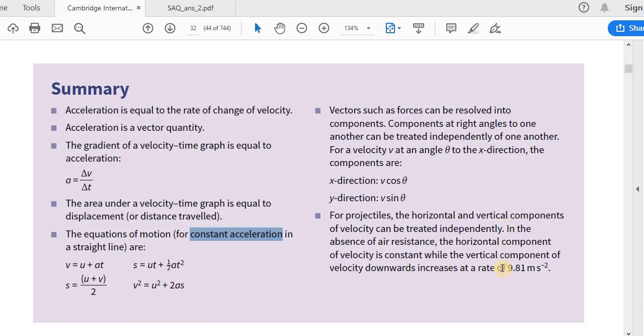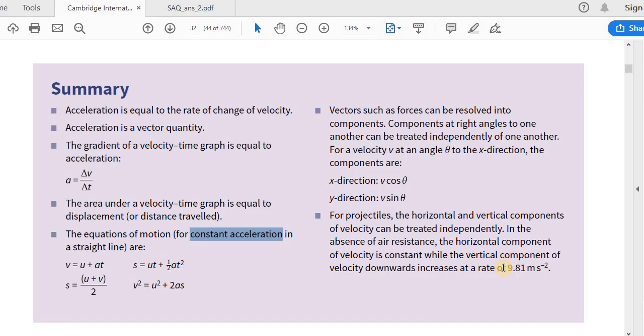Okay, so for an object that is in the air, when there is no air resistance, the only force acting on it is its weight, and according to Newton's second law, the resultant force and the acceleration are always in the same direction, and it is the resultant force which produces the acceleration.